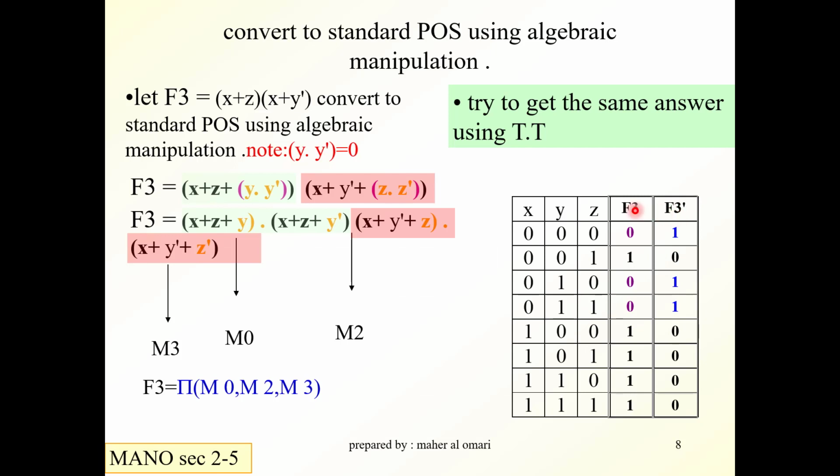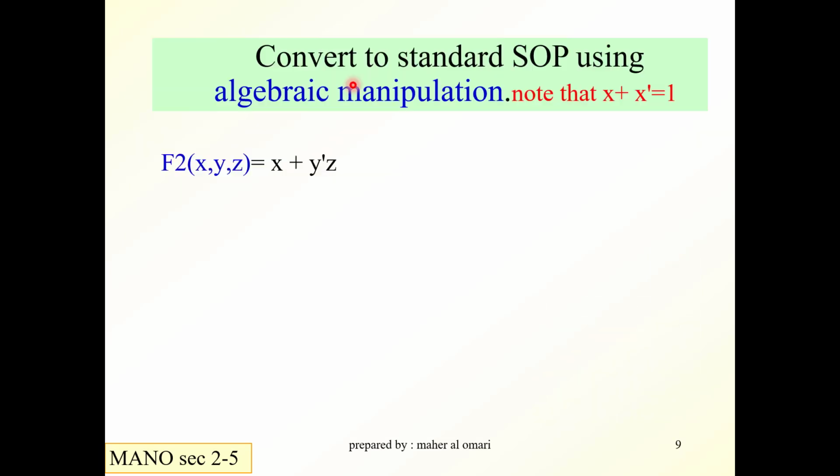And the complement of f3 is the minterms m0, m2, m3. Let's use algebraic manipulation to convert this function into the standard sum of products.